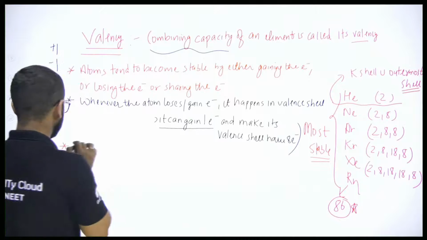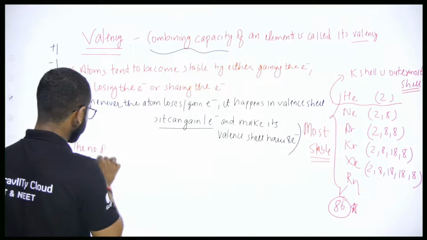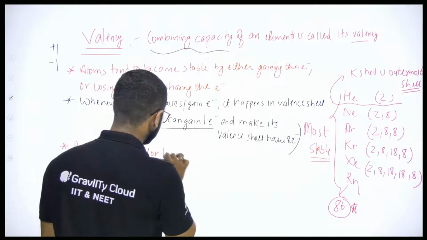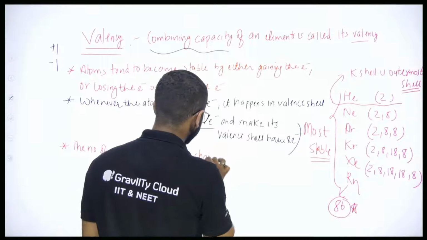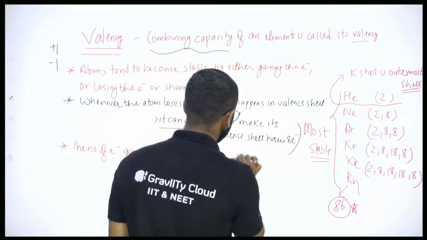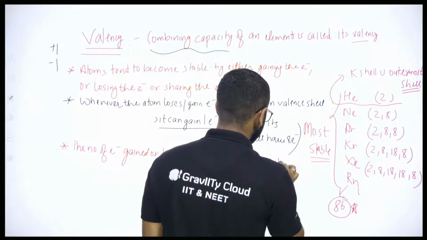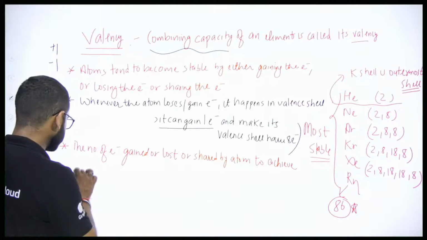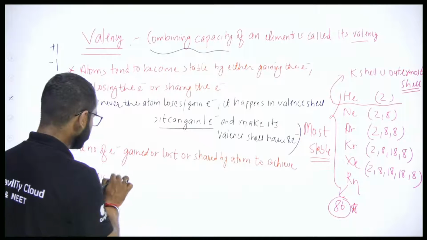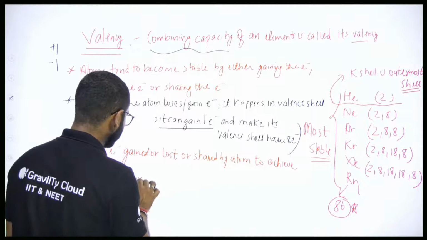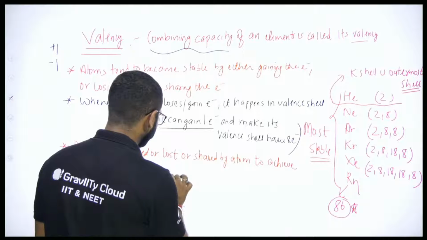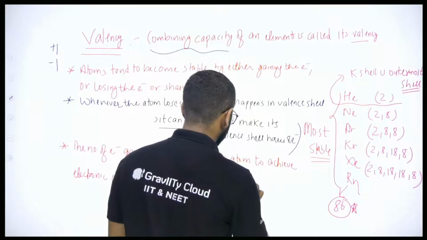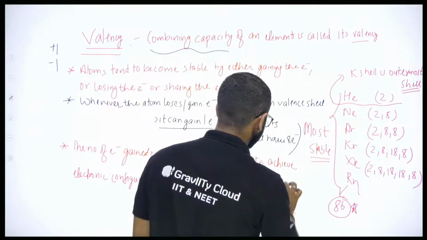So the number of electrons gained or lost or shared by an atom to achieve the electronic configuration like that of an inert gas, inert element, is called valency.